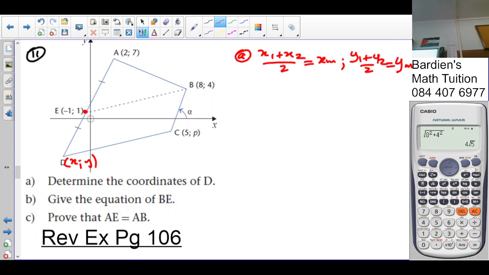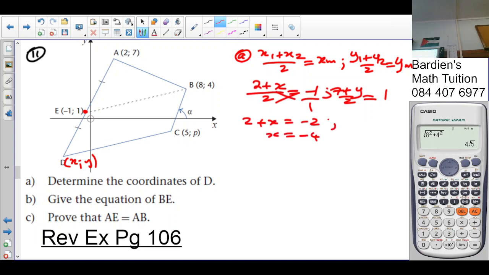So it's going to be 2 plus x over 2 is equal to the x mid, which is negative 1. And then 7 plus y over 2 is going to give you the y coordinate, which is 1. So naturally let's put a 1 under and cross multiply, so 2 plus x equal to negative 2, x is negative 4.